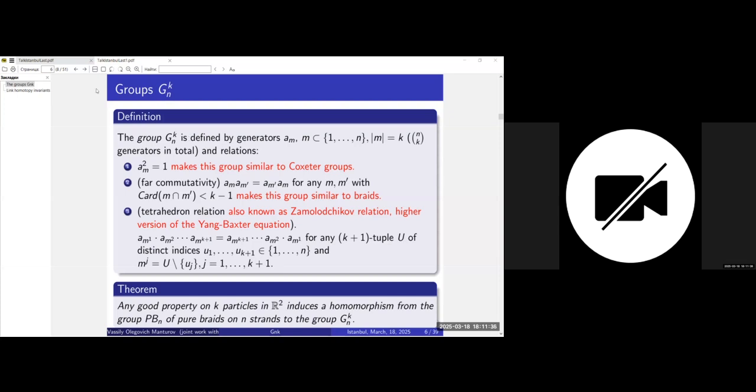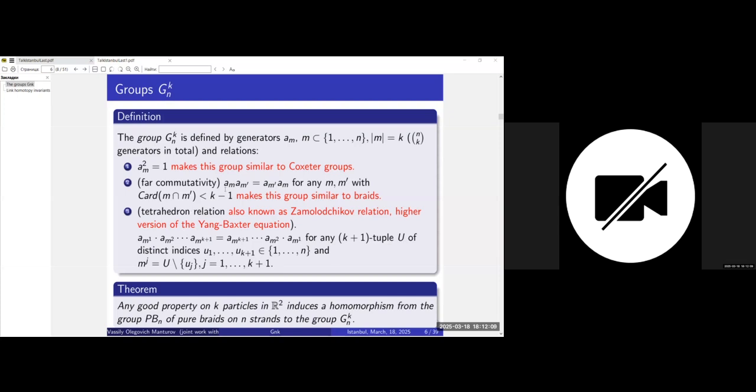So there are C_n^k possible generators, indexed by unordered sets. And we have three types of relations. First, all my generators are involutions, so each generator squared is 1. This makes my group similar to Coxeter groups, and actually they are related to Coxeter groups, and this is important.